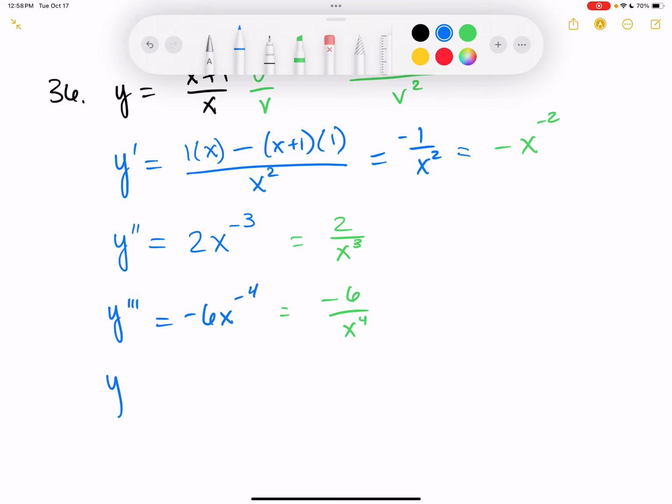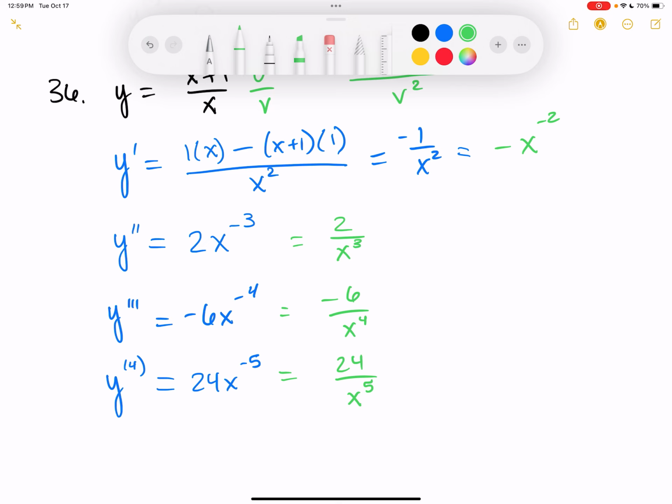And then the fourth derivative, so the derivative of negative 6x to the negative 4 would be 24x to the negative 5. Yep. And again, they may write it as 24 over x to the 5th.